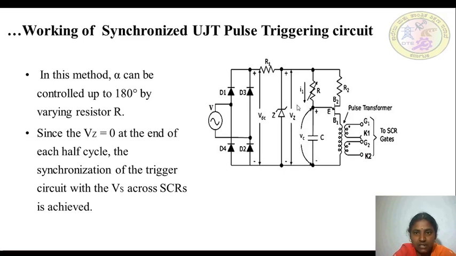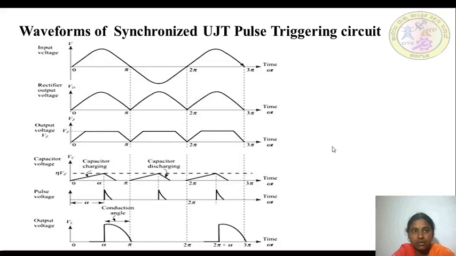Since Vz is 0 at the end of each half cycle, synchronization of the triggering circuit with the supply voltage across the SCRs is achieved. Hence the name synchronized UJT pulse triggering circuit. So these are some of the waveforms of the synchronized UJT pulse triggering circuit.